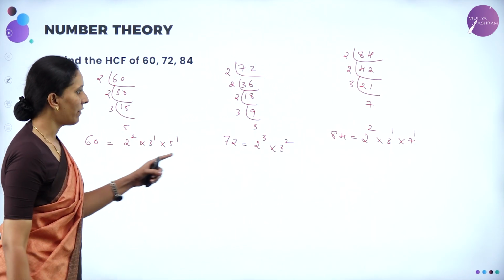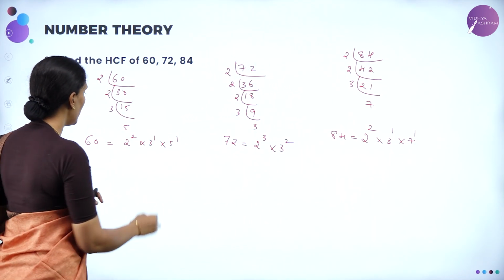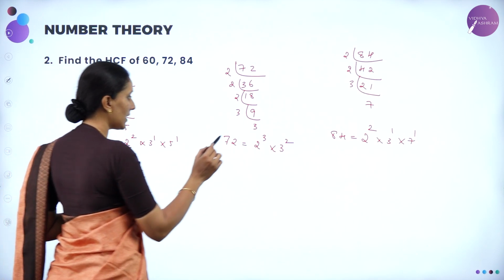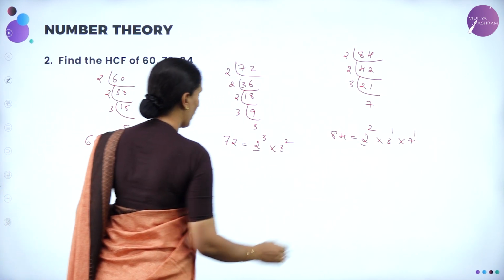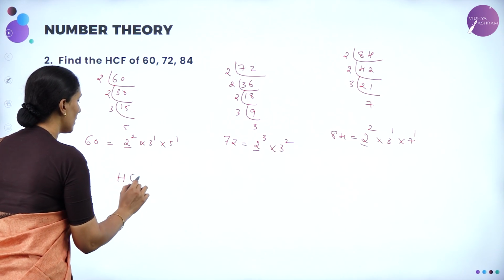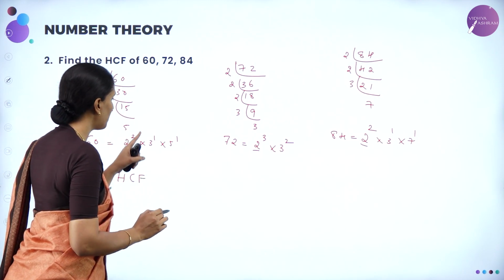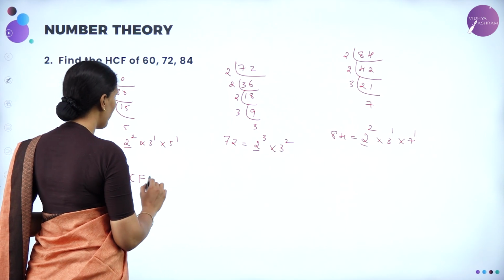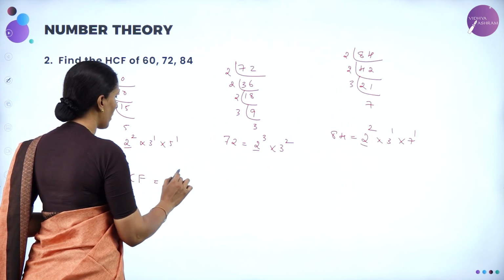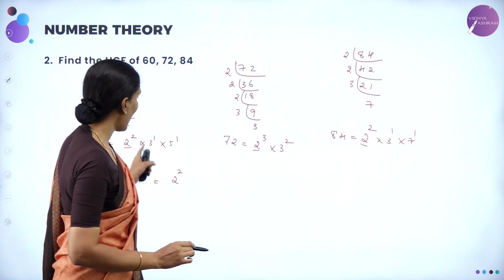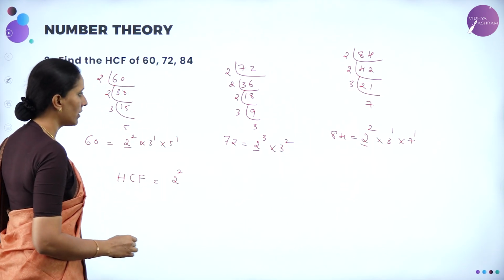So which is a common factor in all the three? Here 2 square we have in 60, in 72 we have 2 cube, and in 84 2 square. So clearly HCF is the product of the least powers of the common factors. So here it is 2 square. Now let's check for 3. We have 3 power 1 in all the three numbers.